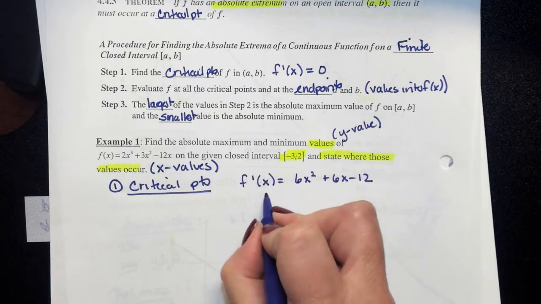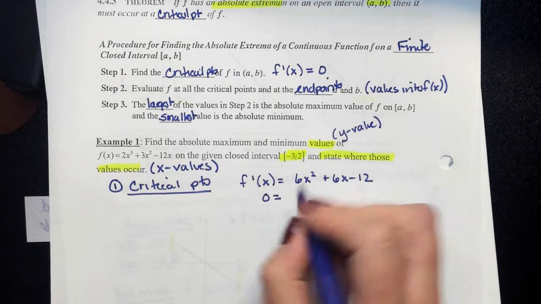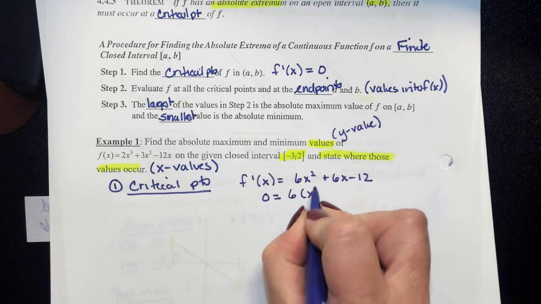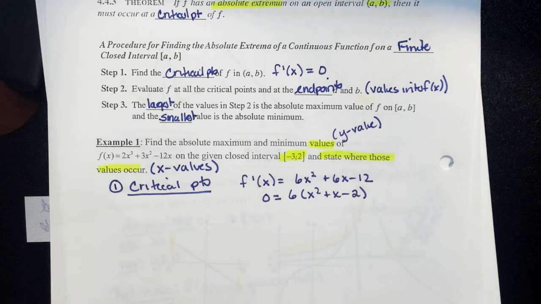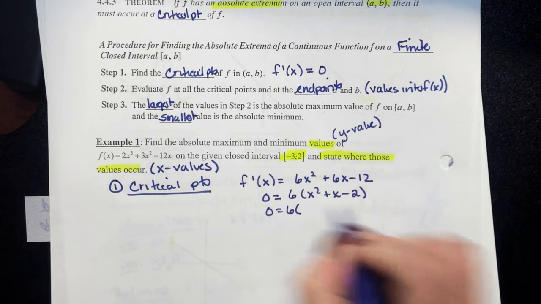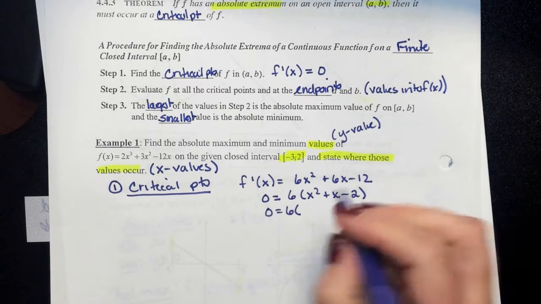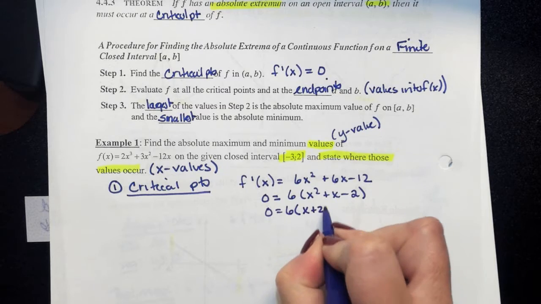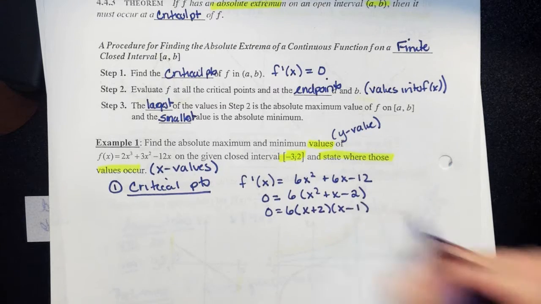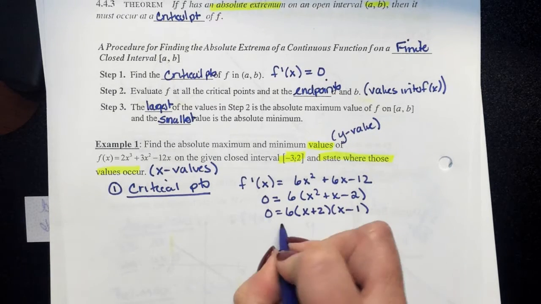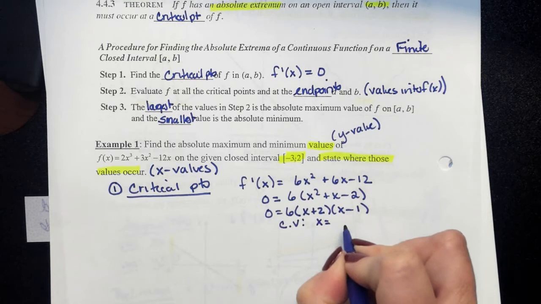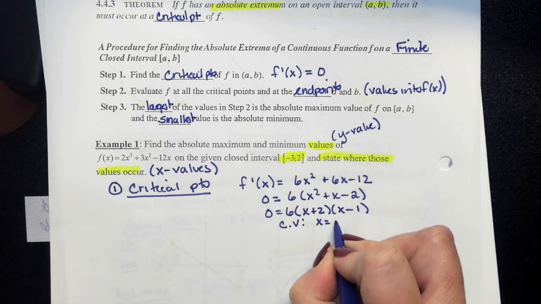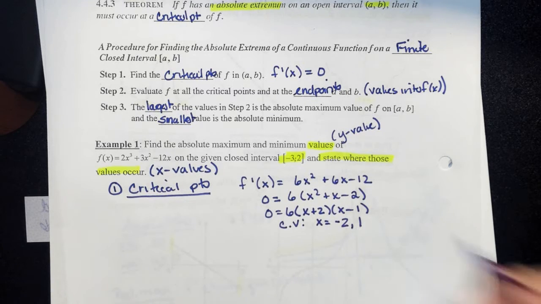So I'm going to set my derivative equal to 0, and right away I know I can factor out a 6. And I can factor x squared plus x minus 2 into x plus 2 times x minus 1. So then what are my critical values going to be? At x equals what? Negative 2 and 1.